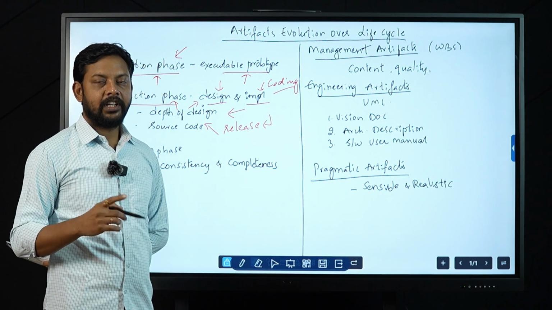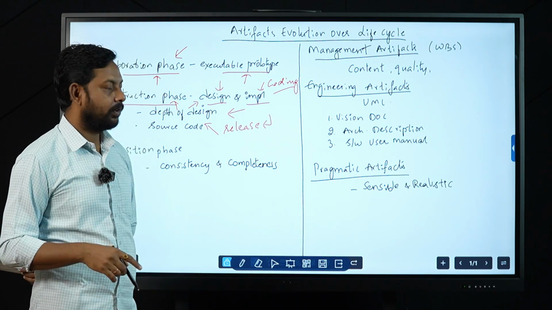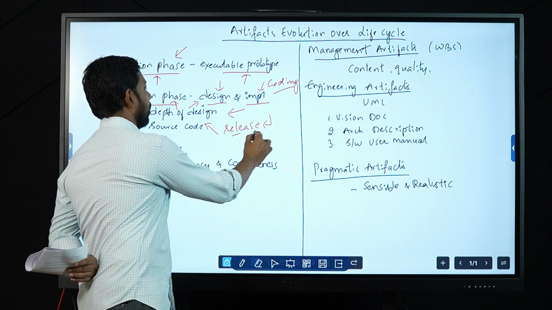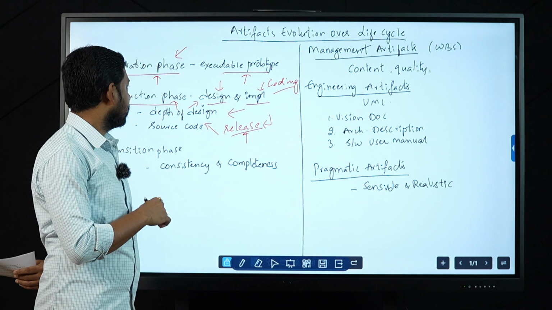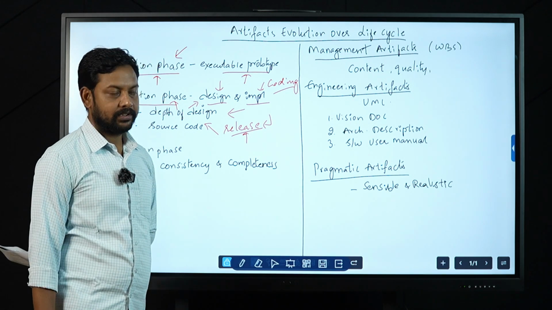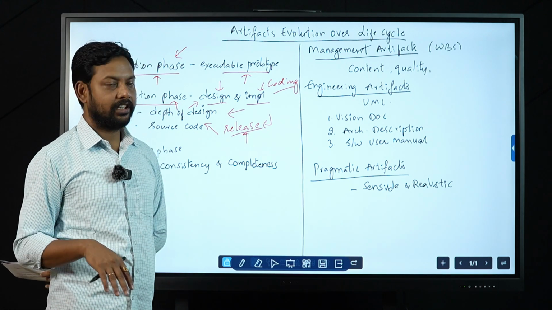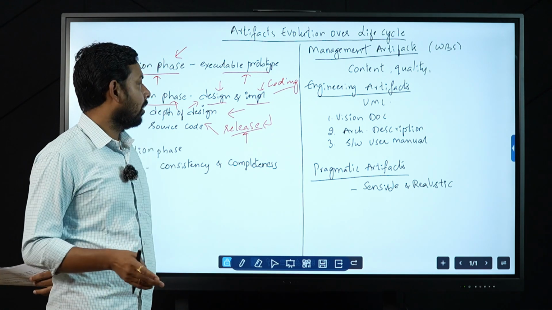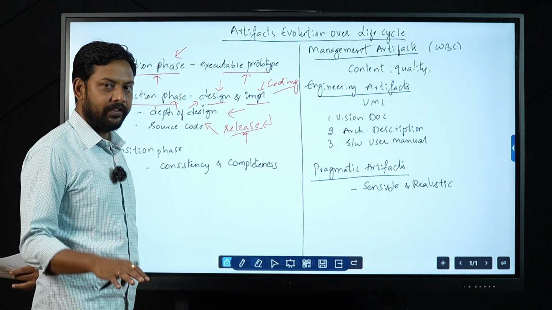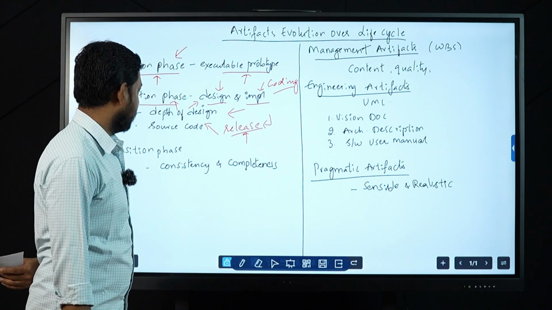Along with that, if there are any enhancements to be taken into consideration, in your next iteration you are going to release your next version. That release is also taken care of by your construction phase. So all the artifacts related to your construction phase will focus on the depth and source code related information, and it is also focusing on the different releases that you are going to work with.